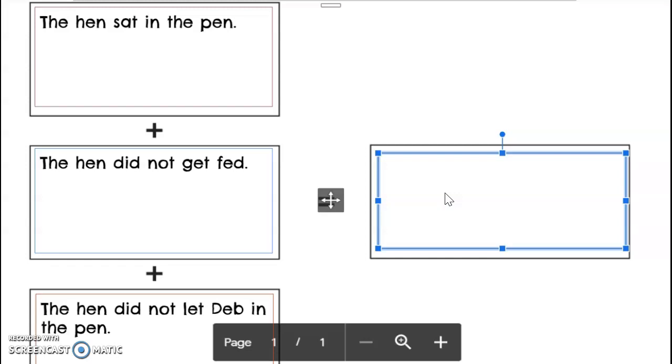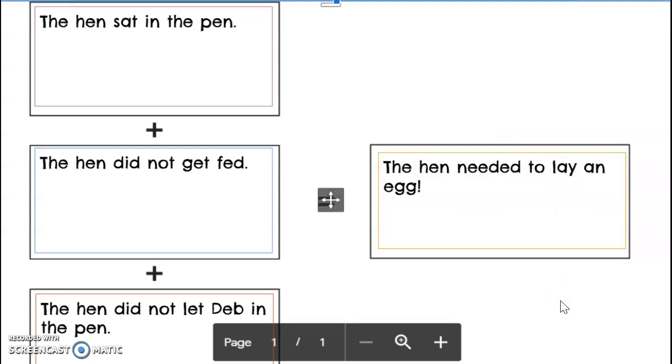Yes, the hen needed to lay an egg, so she needed her space. She didn't want to eat. She didn't want anybody in her little chicken coop. And I think you guys did an awesome job coming up with the answers.